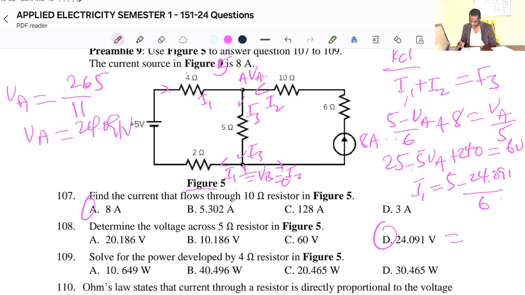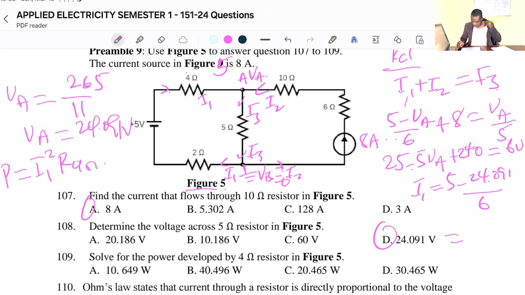When you do this, that will give us the answer for the current. And once I have the current, the power will be equal to the current squared, I1 squared, times the resistance, which is 4 ohms.